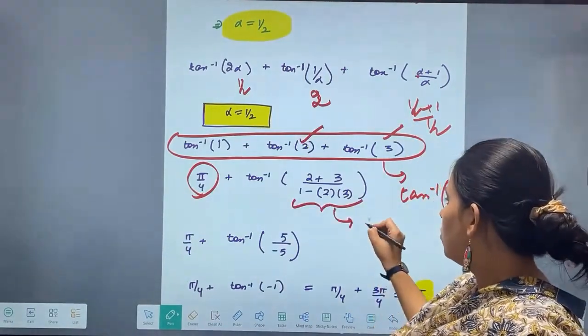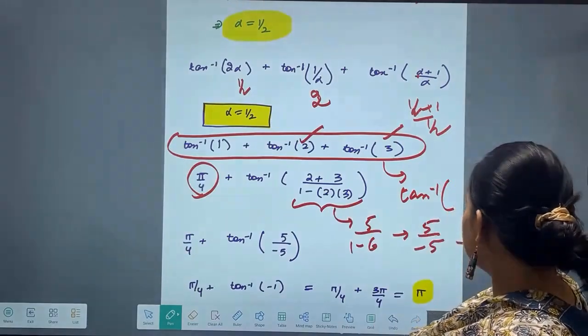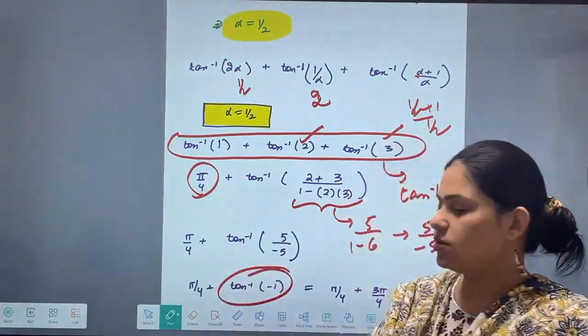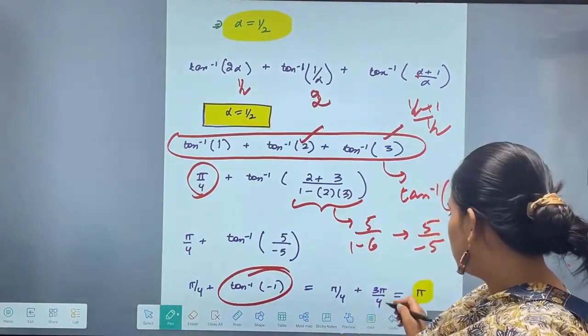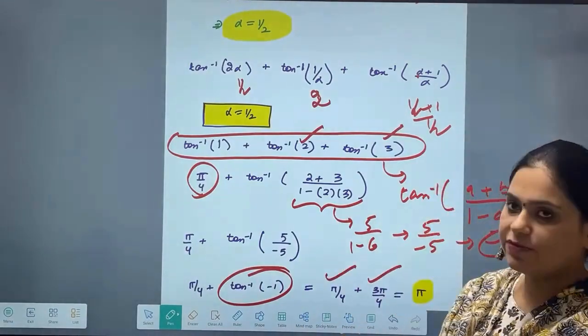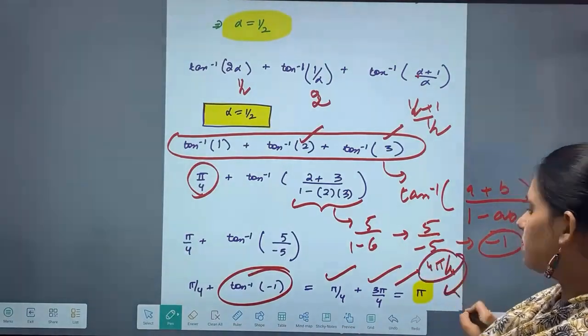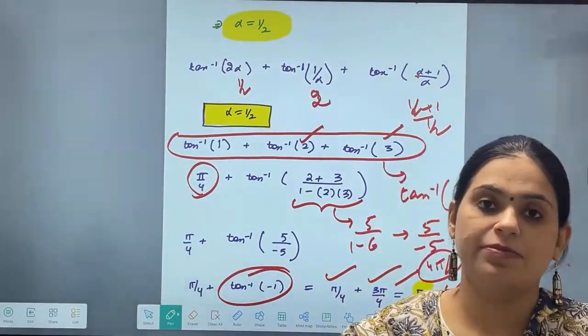So what will this give you? 5 upon 1 minus 6. 5 by minus 5, that means minus 1. So this will give you tan inverse minus 1. And what does that mean? 3 pi by 4. So you have pi by 4 plus 3 pi by 4. That means it will be 4 pi by 4. That means it will be pi. So the answer to this question is pi.